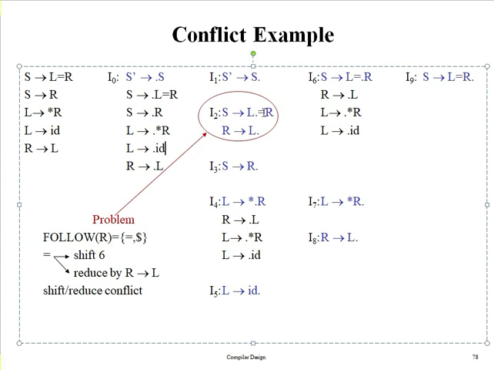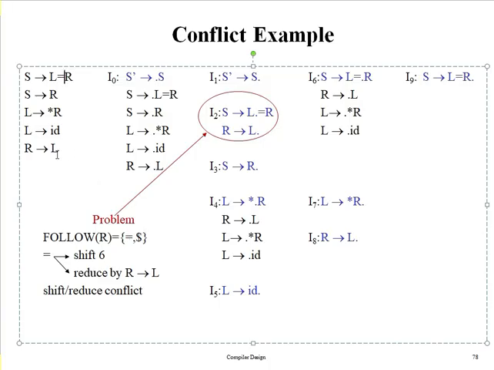Because of the equal sign after the dot, we will fill a shift action under the column equal sign in the action part. And here, this one is a final item. We will fill the reduce action under all terminal symbols in follow of R. And here follow of R is the equal sign and dollar sign.